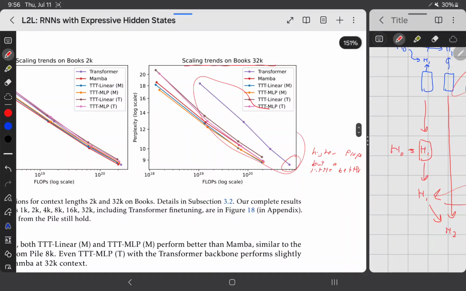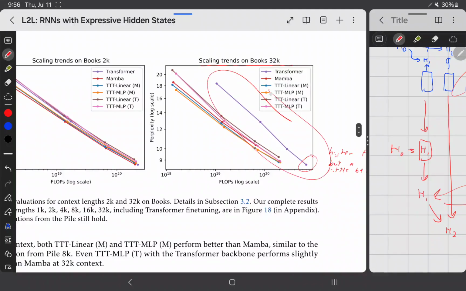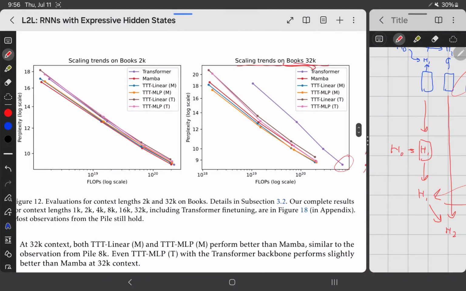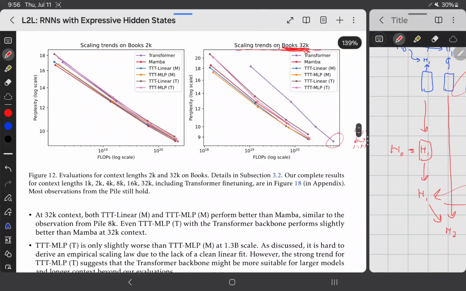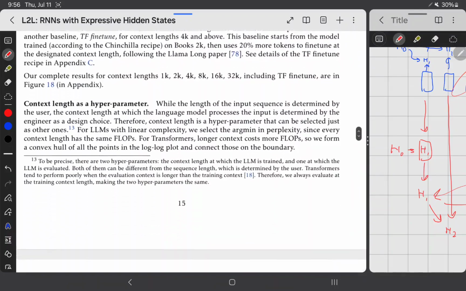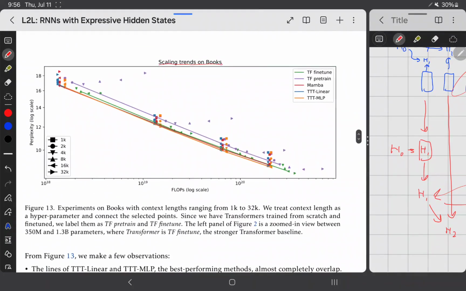The transformer uses way more flops, and this is on the log scale, so yeah, this is a big jump for a large corpus of text, so 32,000. And the Mamba, their version of the model with Mamba, uses the least amount of flops while being very performant in terms of perplexity. So yeah, there we go. That's it. That's on large scale books.